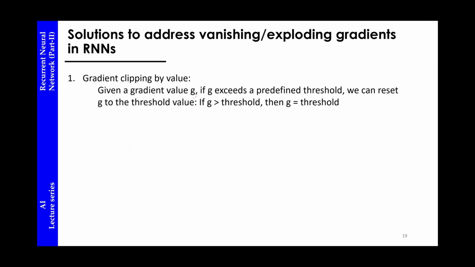The idea is if we show a single gradient as lowercase g, and we see that g exceeds a certain threshold that we defined, then we can reset g to the value of the threshold.